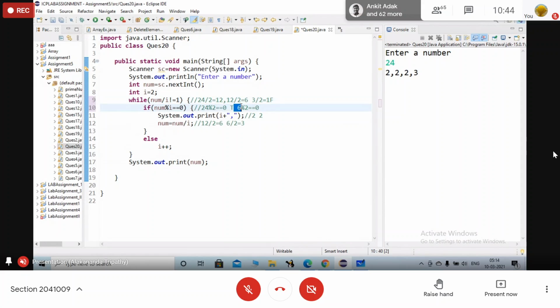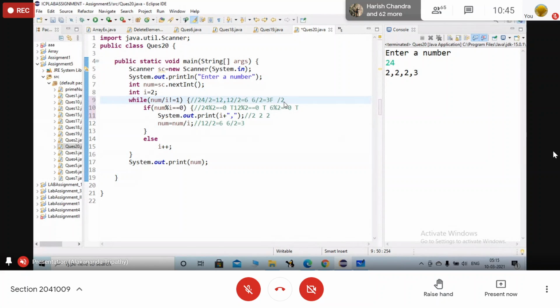So here 12 mod 2 equals to 0. Again the condition is true. So my next value here is 6 divided by 2, कितना आ जाएगा? 3. 6 mod 2 equals to 0. Again the condition here is true. तो यहाँ पर print कितना होगा? 2 print होगा. 6 by 2 it is 3.